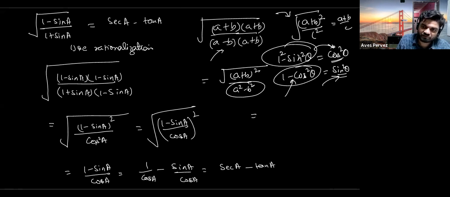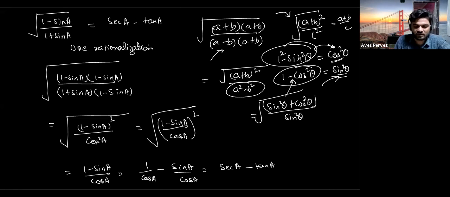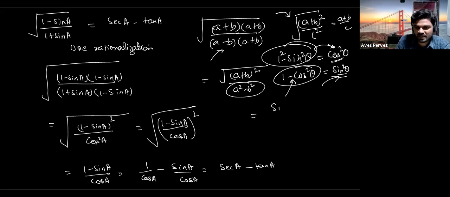So if we were having a problem like this, that is sin theta plus cos theta in the whole square upon sin square theta under the root. So what will this become when you remove the under root?